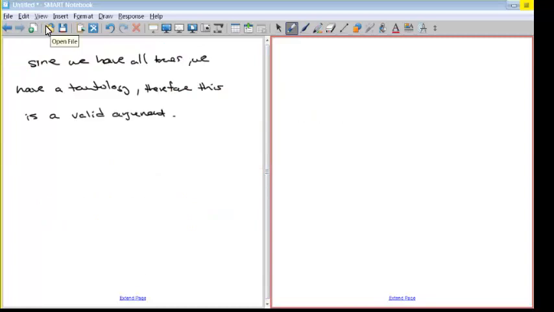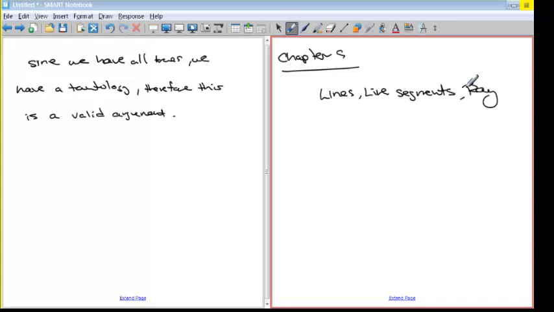Okay, now chapter 9. I'm going to give you a question about lines, line segments, rays. And if you go to your book, let's just give you an example to look at.